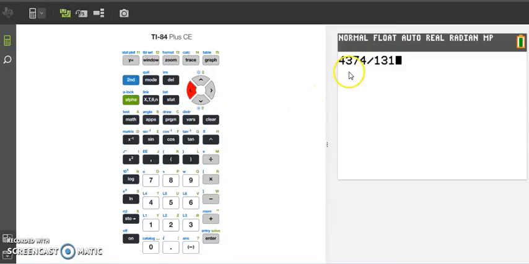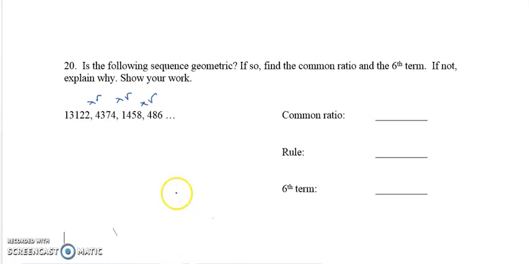Okay, so 4374 divided by 13,122. Okay, so if this is a geometric sequence, then this is our common ratio. So let's go back and let's check. Let's divide the third term by the second term.